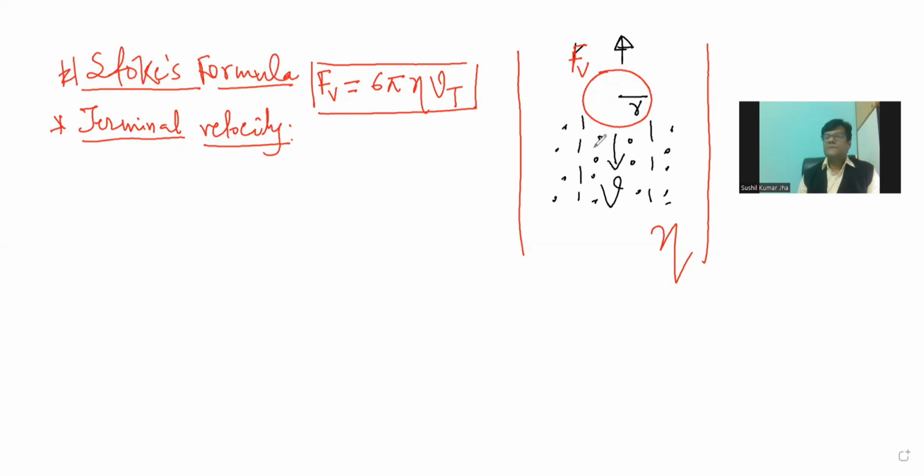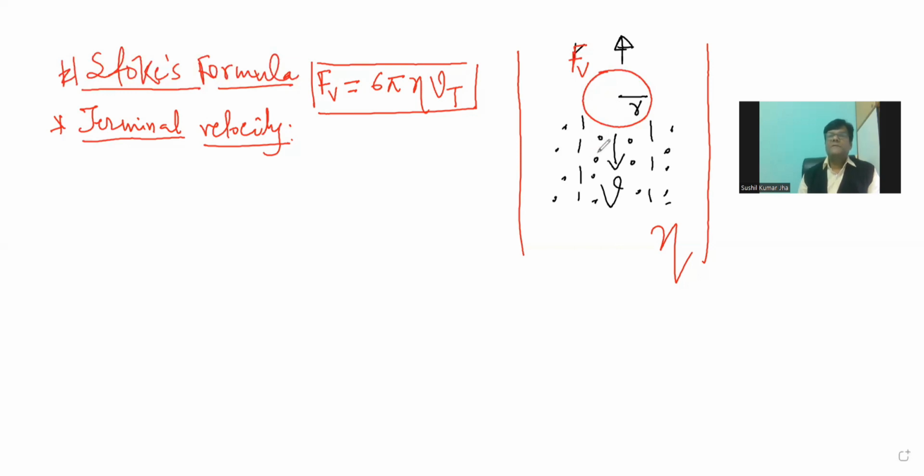But if you observe carefully on the ground, you may find most of the drops are hitting at the same time, which means they have constant velocity. So this constant velocity acquired by a spherical object moving through a viscous medium is called terminal velocity.